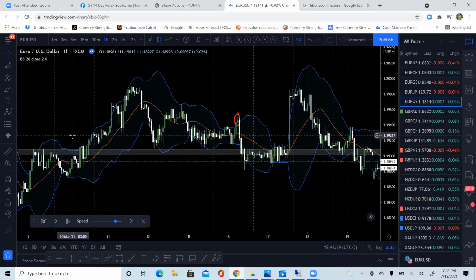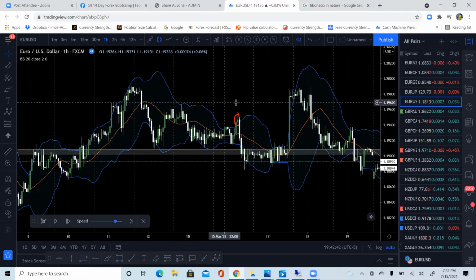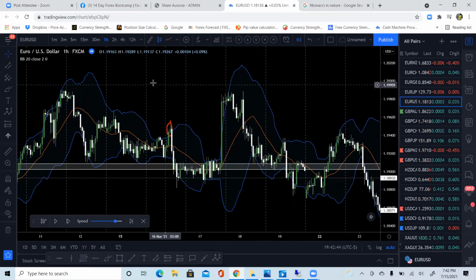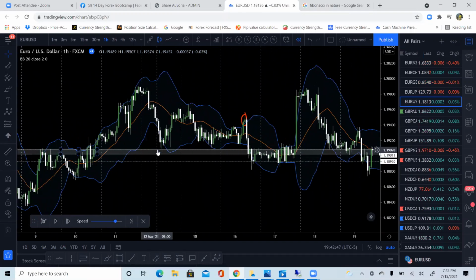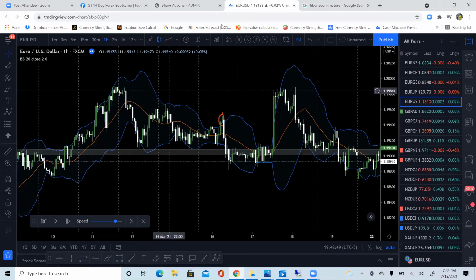So if you're scalping or things like that, people trade Bollinger Bands and go from middle to high or from middle to low if it breaks down. But that's another mindset. Now we're going to go over trends in the next video.